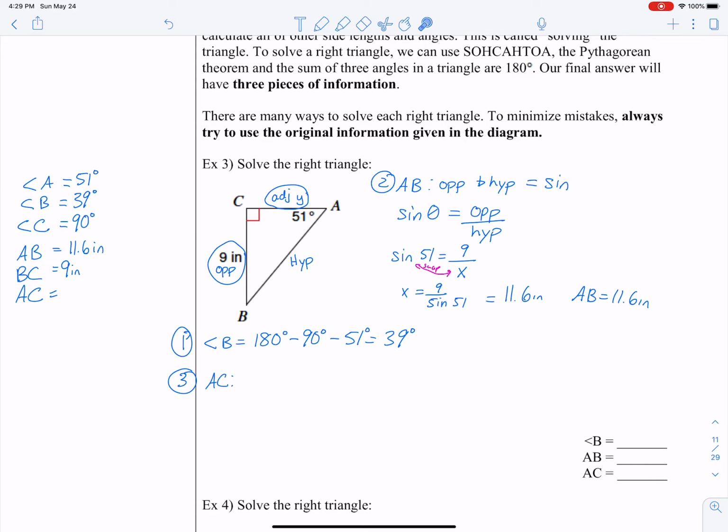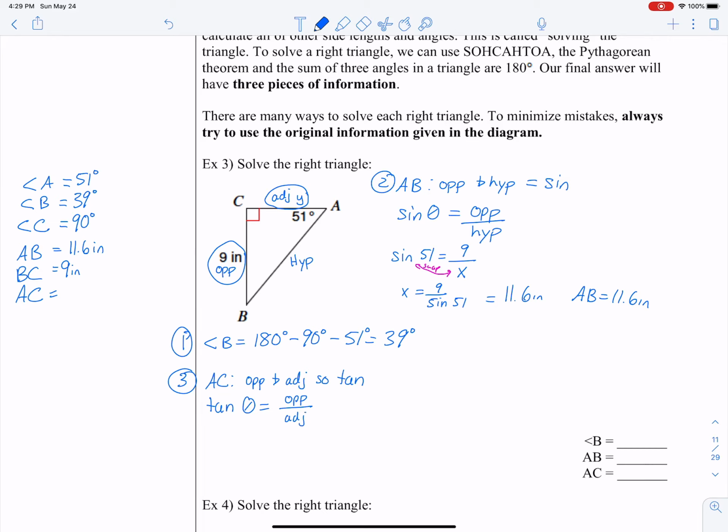So now opposite and adjacent, that means that I need to use tan. Tan of my angle is equal to opposite over adjacent.